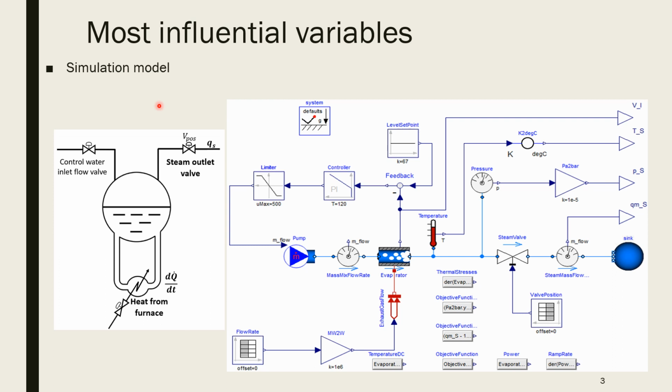If the simulation is not reliable, the results will be useless. For this project, the simulation model is based on a nonlinear physical model proposed by Astrom et al., and it is coded in Modelica language in the software OpenModelica. This simulation model is the one proposed by Belkir et al.